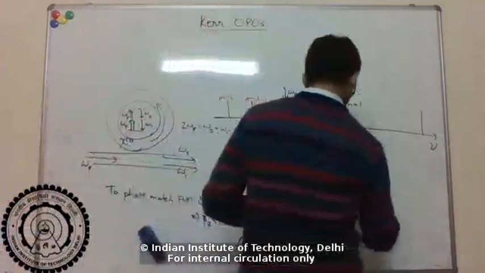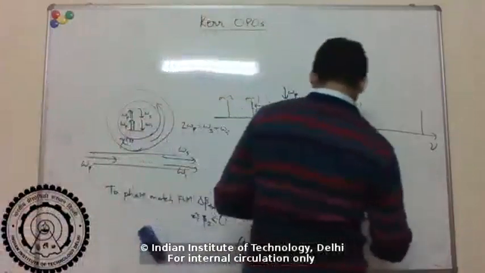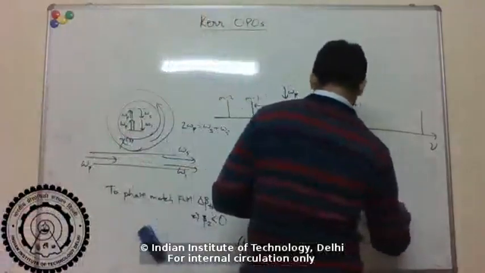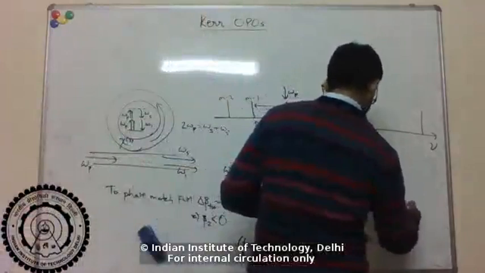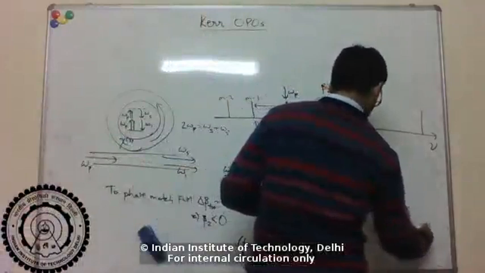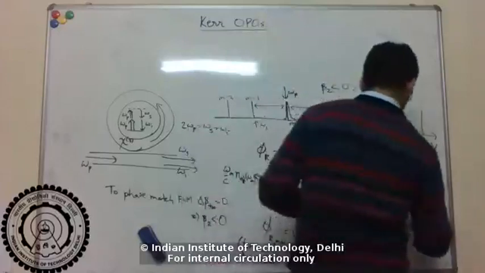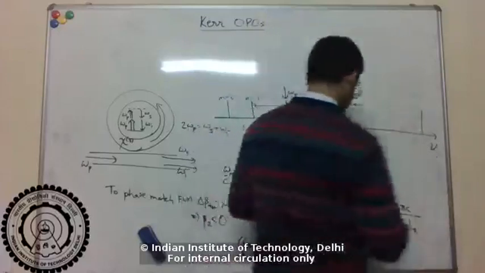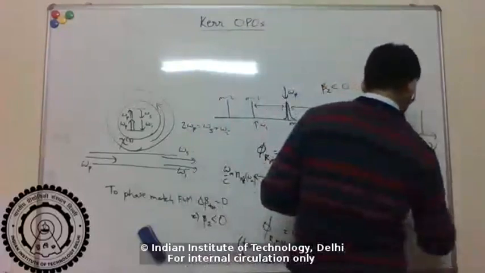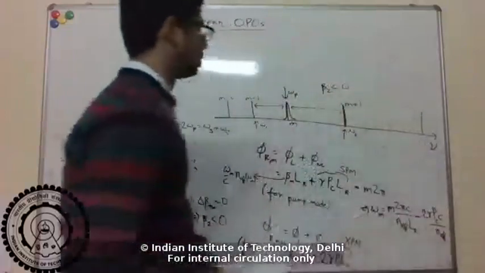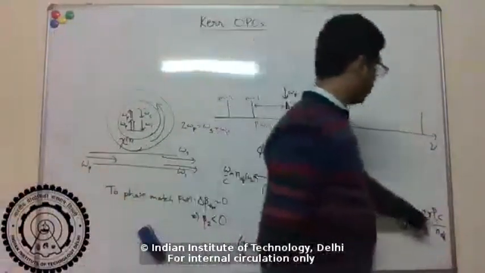But now the mth resonance frequency is m times c over n effective L, which is what we had last time, but there's another term, minus 2 gamma Pc over n.